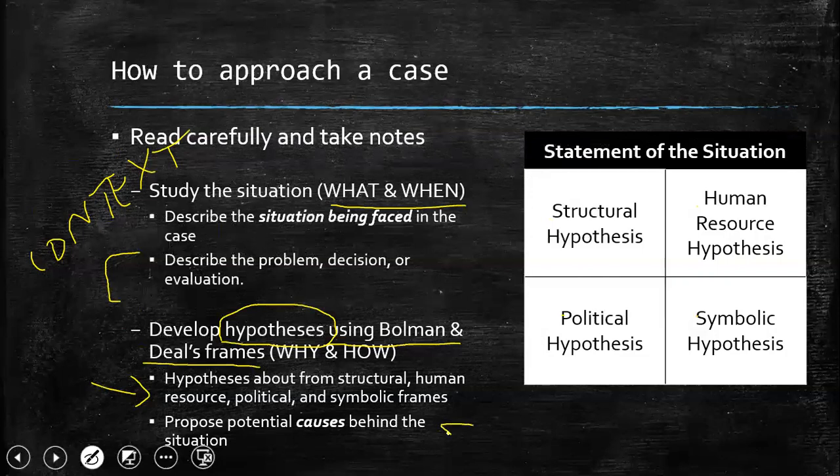Think of it this way. In a lot of ways, you're trying to propose what are some potential causes behind whatever situation there is. Now, if you are more of a researcher than a practitioner, you might have some trouble with the word cause here because we are taught as researchers to avoid making causal assumptions. Causal assumptions can get you in a lot of trouble because they're usually just that.